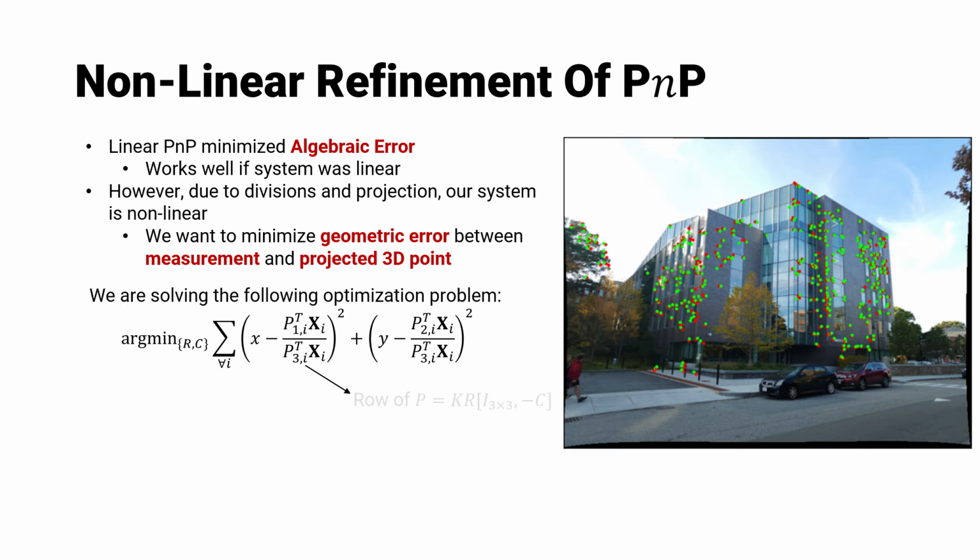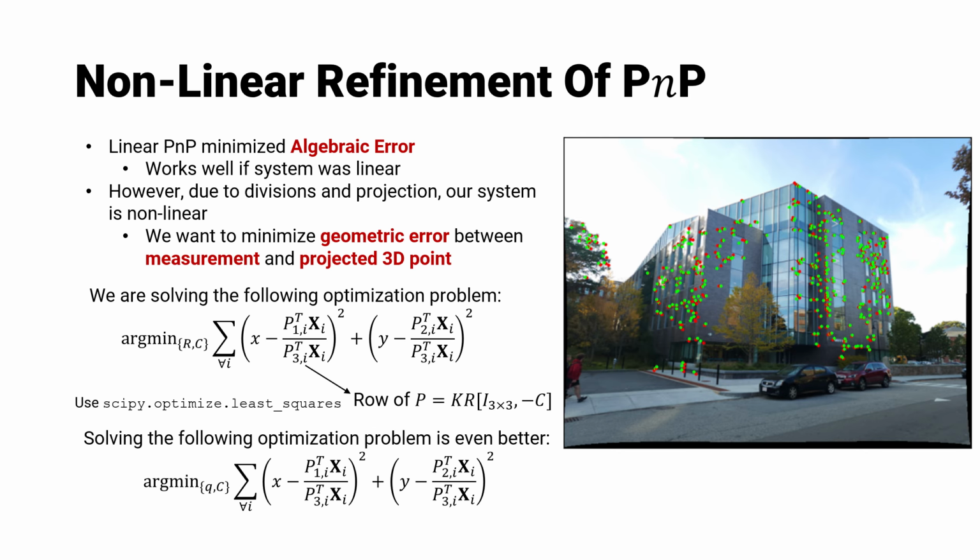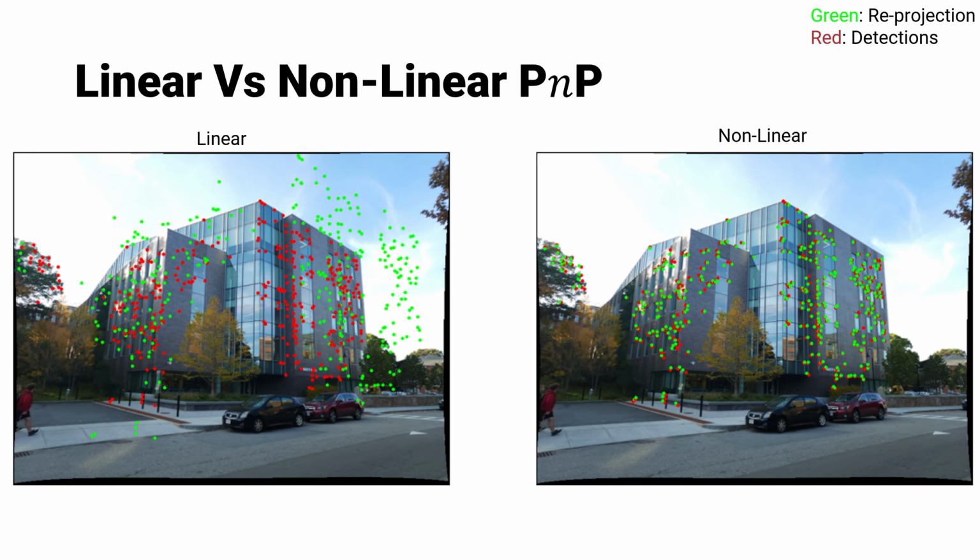In this particular case, the P3I refers to the row of that particular thing. To solve this, you would use something like SciPy optimize least squares to make it easy. Again, in this case we used a rotation matrix, but in practice we use a quaternion because it just works much better. Now let's compare linear versus non-linear PnP and see how much of an improvement we actually get.